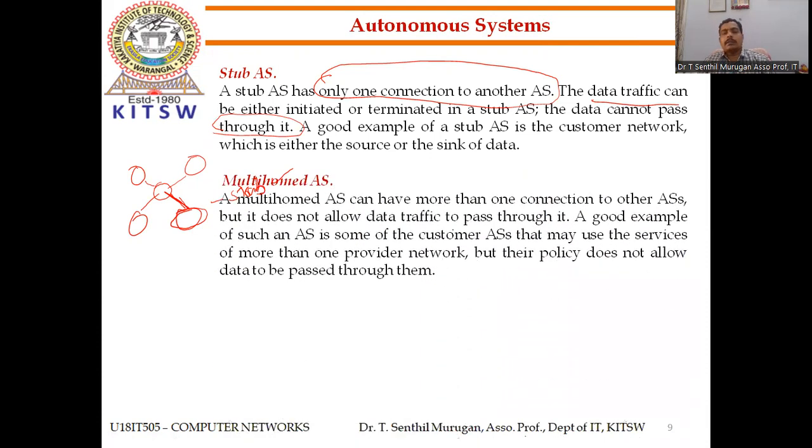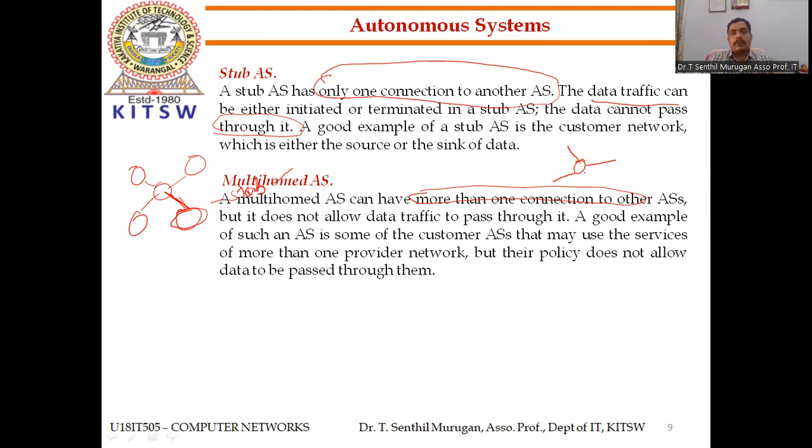Multi-homed autonomous system. What is multi-homed? Same method, but there is more than one connection to other autonomous systems. For example, these connections will be connected like this, many connections will be there. But even though it has many connections, it is not transmitting any data through it.